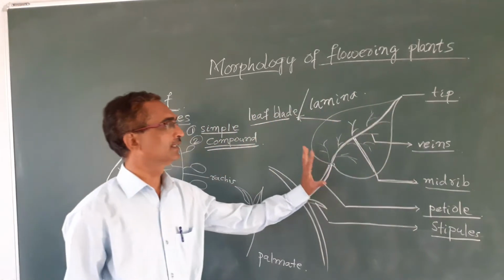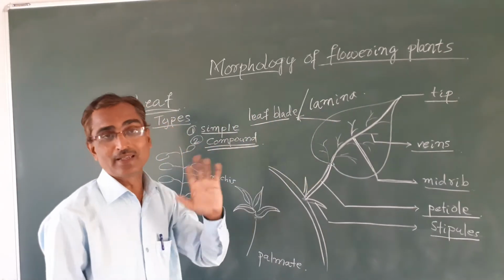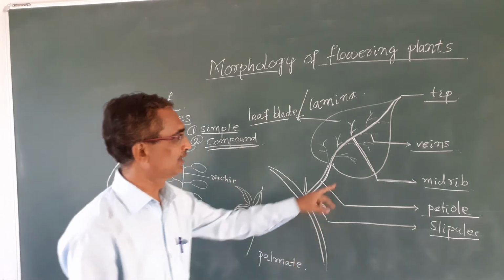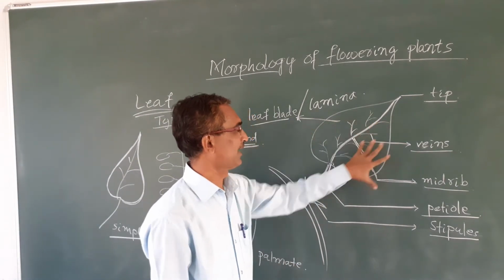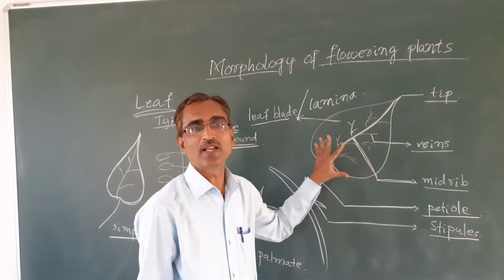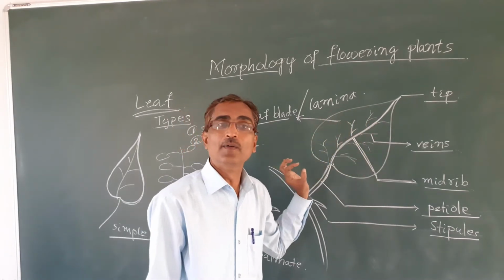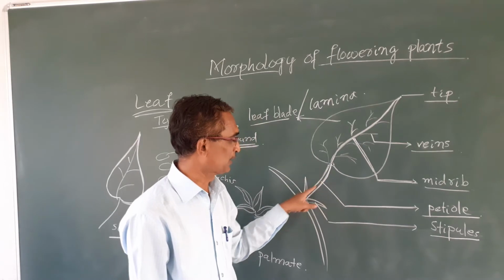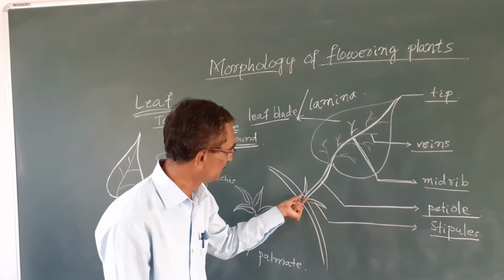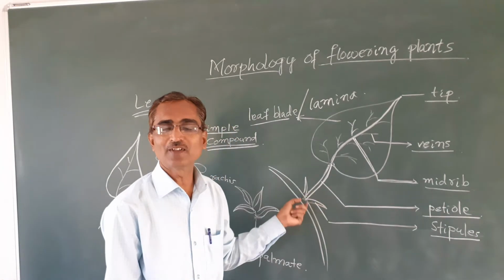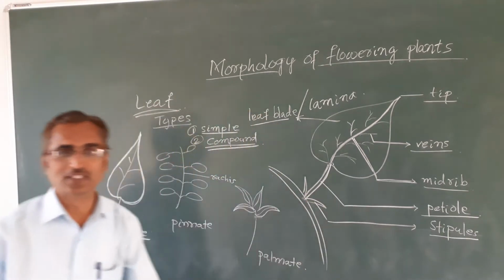So this is the structure of a leaf, having veins, midrib, and the flattened leaf blade or lamina.